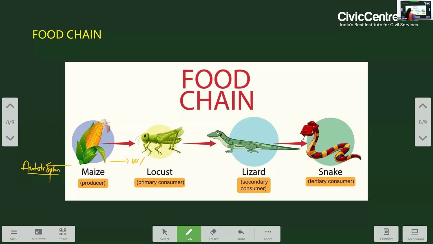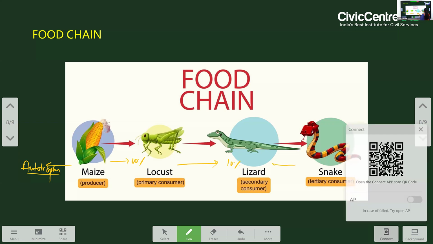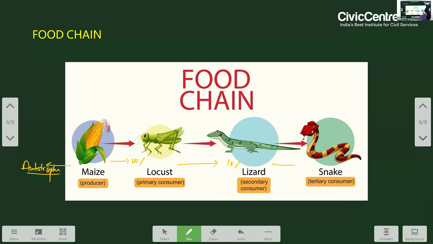And then when this lizard, the secondary consumer, consumes the locust, it receives only 10% of the energy from the primary consumer. And the same happens with the tertiary consumer. So the energy level throughout the food chain decreases.